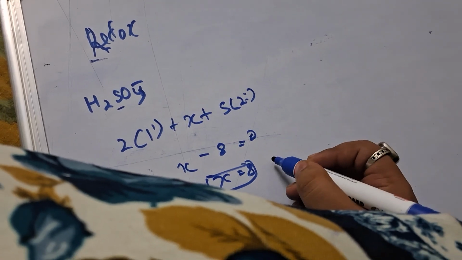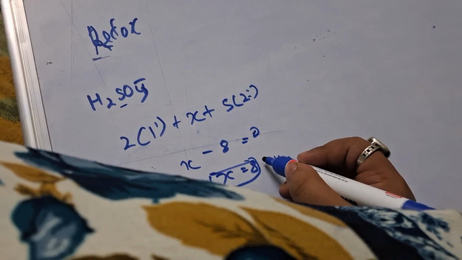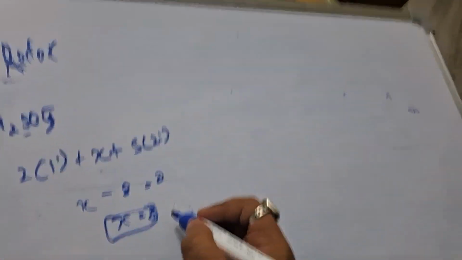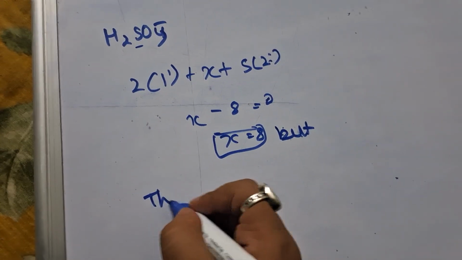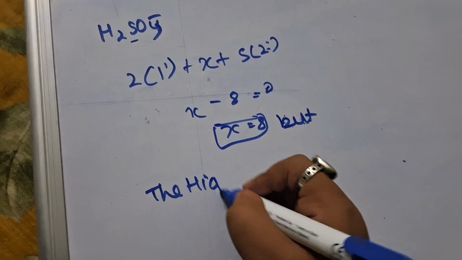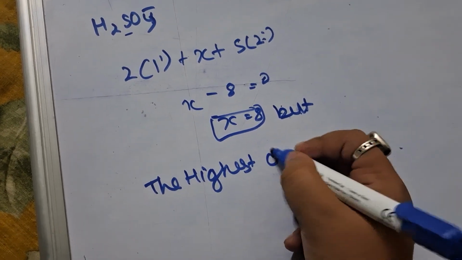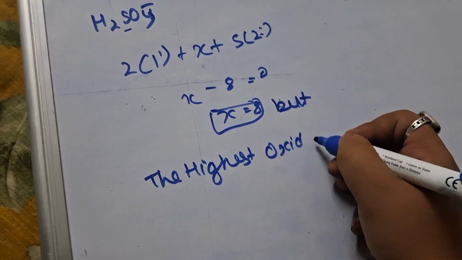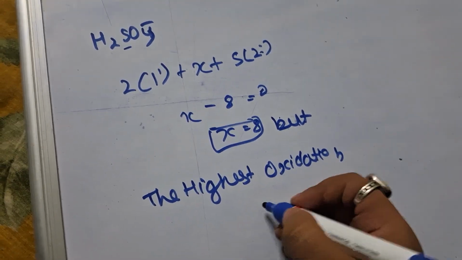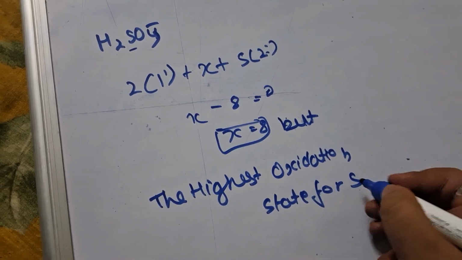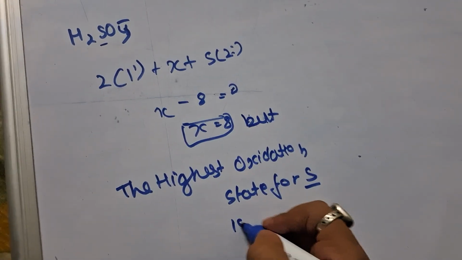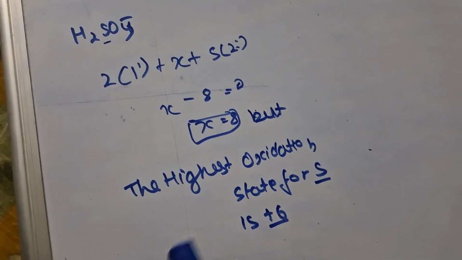But the highest oxidation state for sulfur is plus 6.